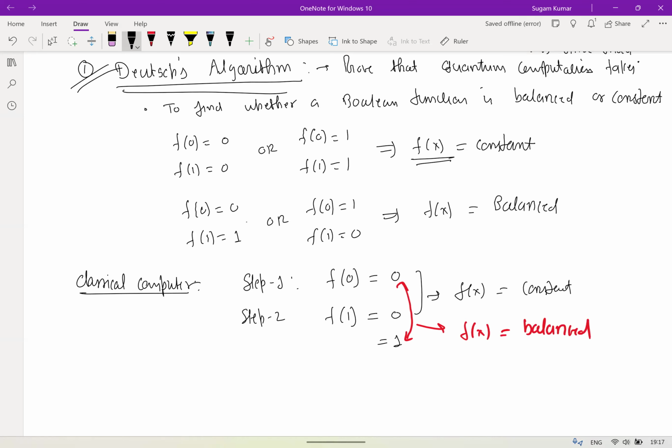So whether the function is constant or balanced, in the classical system you have to do 2 steps.